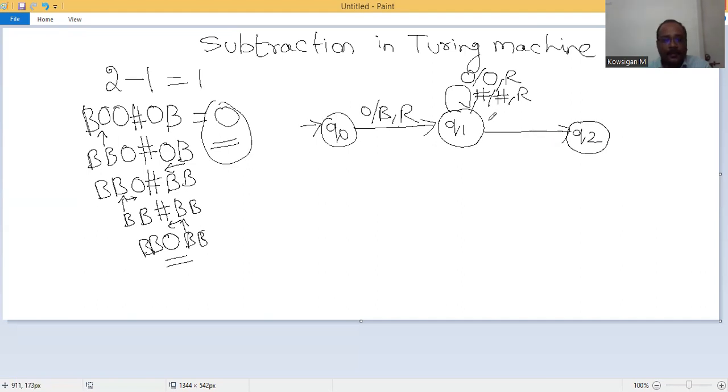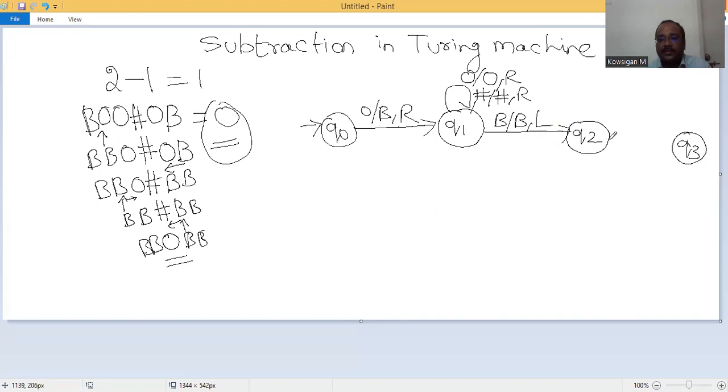You can see here, after reaching the right hand blank, again we have to move to the left hand. After moving to the left hand, this 0 will be mentioned as blank, with Q3.